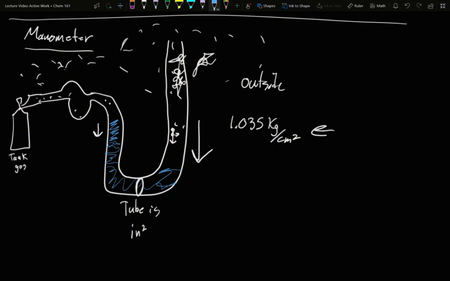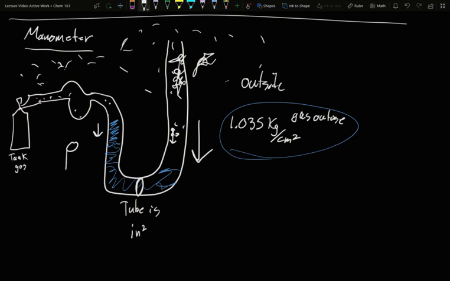Well, remember our pressure unit. The gas outside, we assume is standard atmosphere for this problem, but any matter pressing down has a weight over that area. And so over here in our tube, I have liquid between this height and this height.